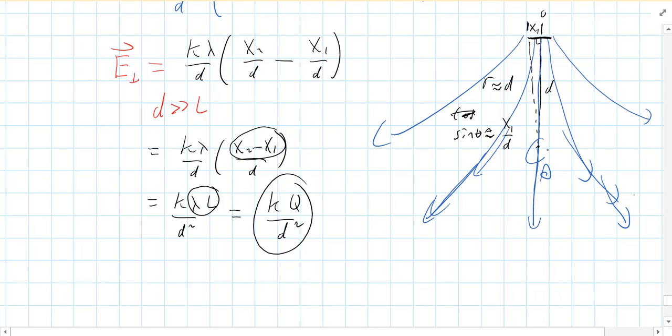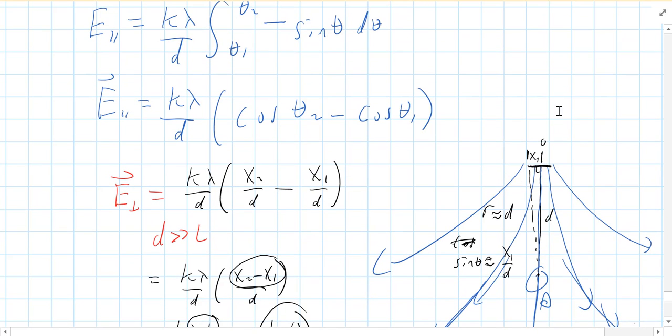What about E parallel right there? Well, as you can clearly see, E parallel is 0. There is no electric field parallel to the bar. Well, let's look at our equation. This is our equation for parallel. Hopefully you would agree there's theta 1 and there's theta 2, and theta 1 and theta 2 are really, really, really close to 0.